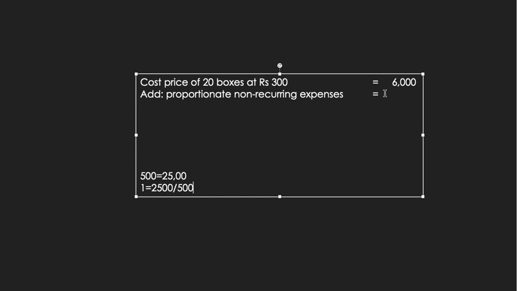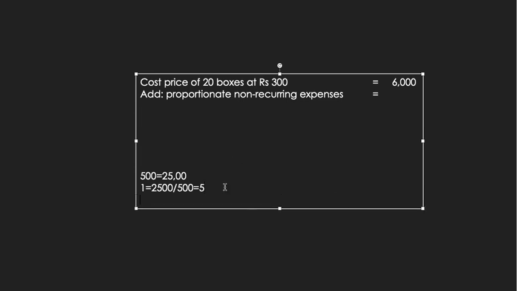So this is directly 5 rupees, right? Now non-recurring expenses for how many items? For 20 goods which are lost, you can write down here.